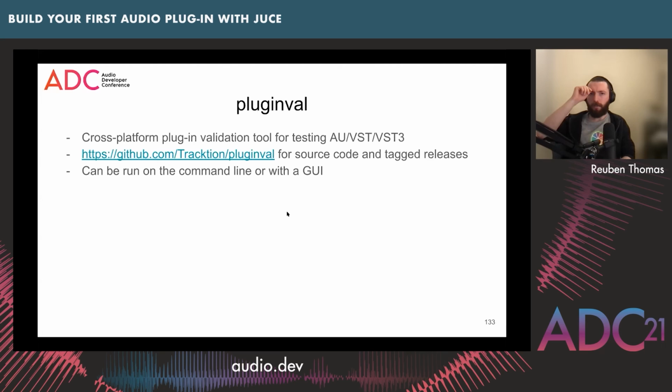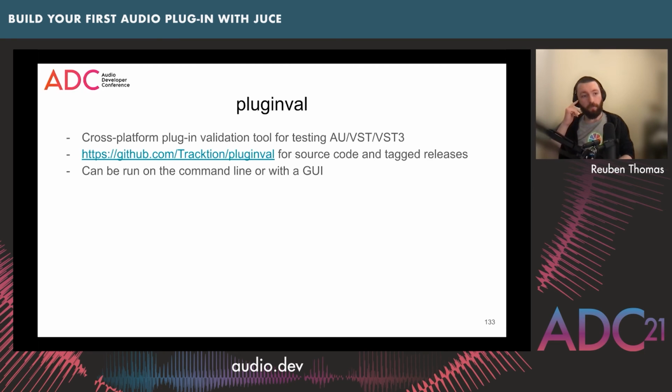Now we're going to talk about a more general purpose cross-platform tool called PluginVal. And this is, as I said, a more general purpose tool. So as well as allowing you to validate audio unit plugins on macOS, it also allows you to validate other plugin formats such as VST and VST3 on all platforms that JUCE supports, so Linux and Windows as well as macOS.